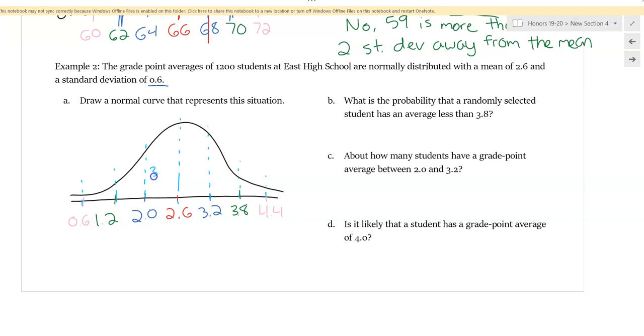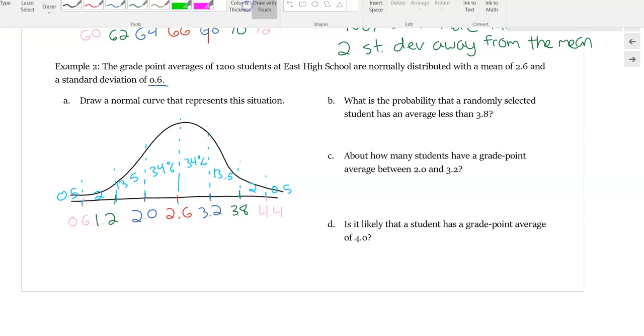So again, in the middle is our 34%. Over here is 13.5. Then we have our 2's and our 0.5. Technically, these should have percents on them, but it gets a little cramped with that 13.5. Okay. So then, what is the probability that a randomly selected student has an average less than 3.8?